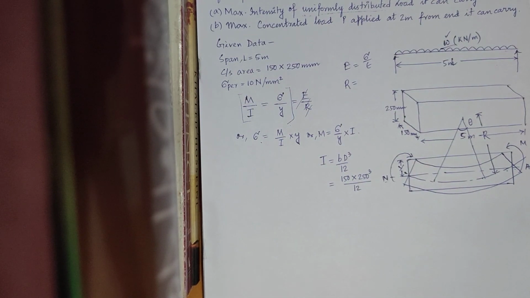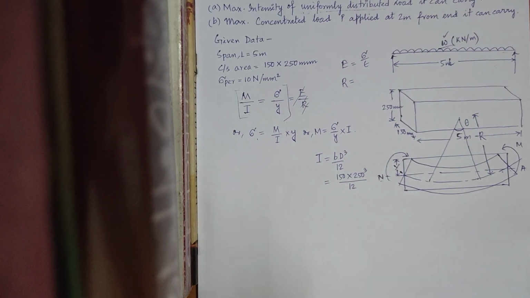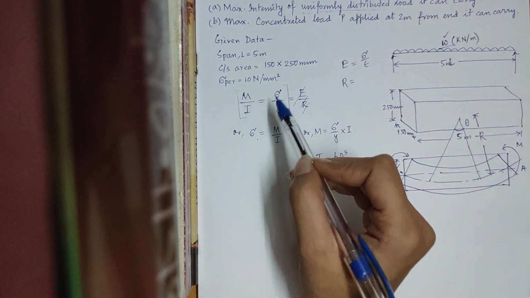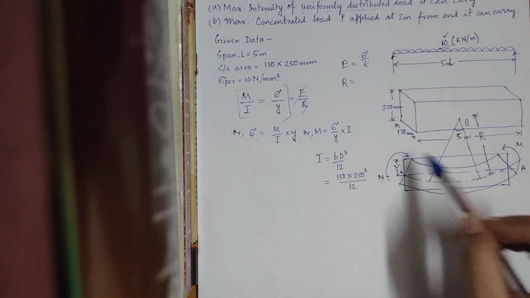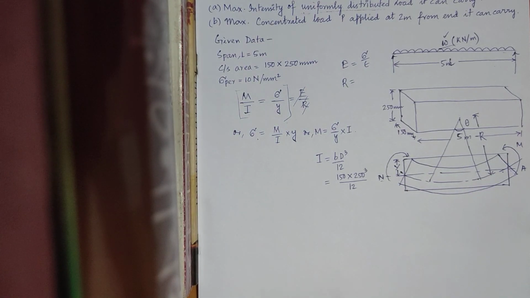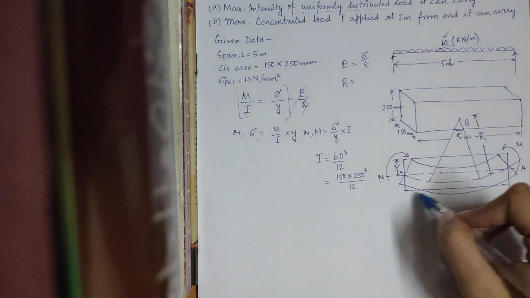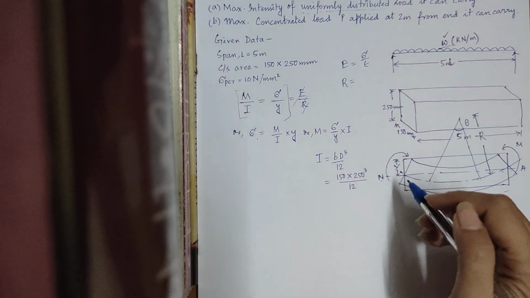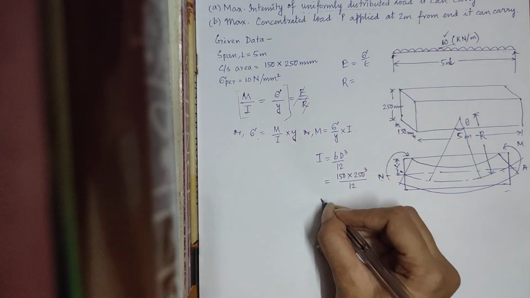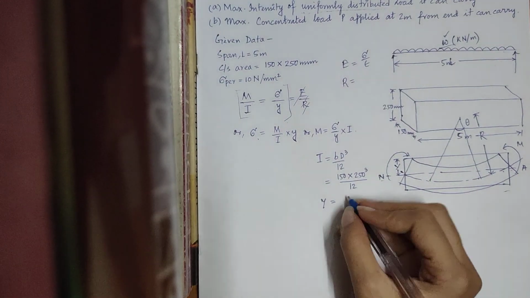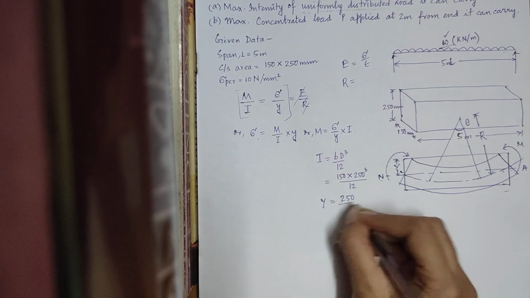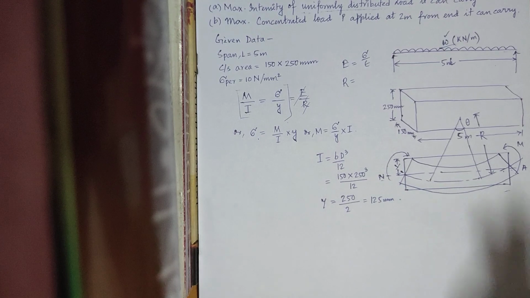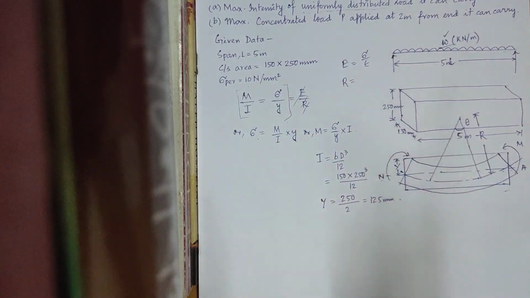Sigma permissible, or permissible stress, is provided. So the beam is going to experience permissible stress at the topmost fiber or at the bottommost fiber. So at the topmost fiber, what will be my value of y? My value of y will be equal to 250, the total depth of the beam, divided by 2, which is 125 mm.